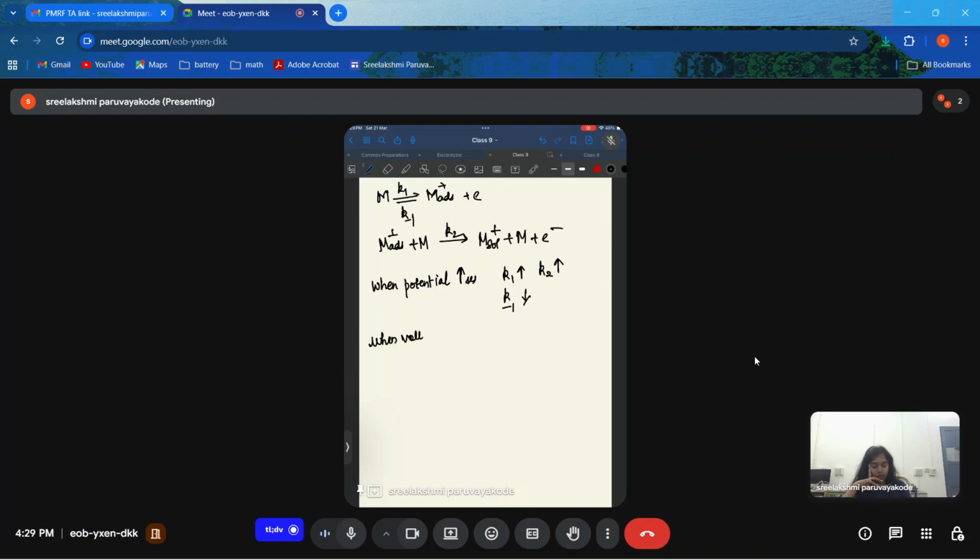Now, when voltage is just above OCP, what will happen? There is a small increase in voltage which will result in an increase in current because it's kind of catalyzing the reaction, and current will keep on increasing.